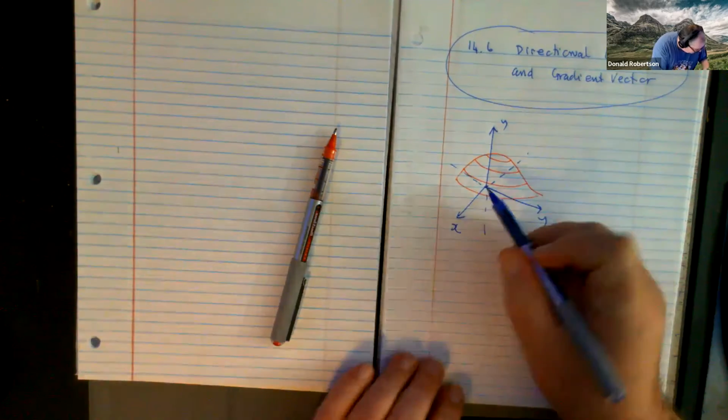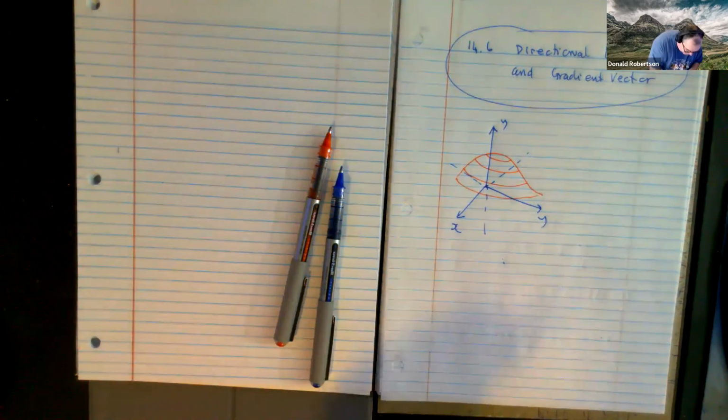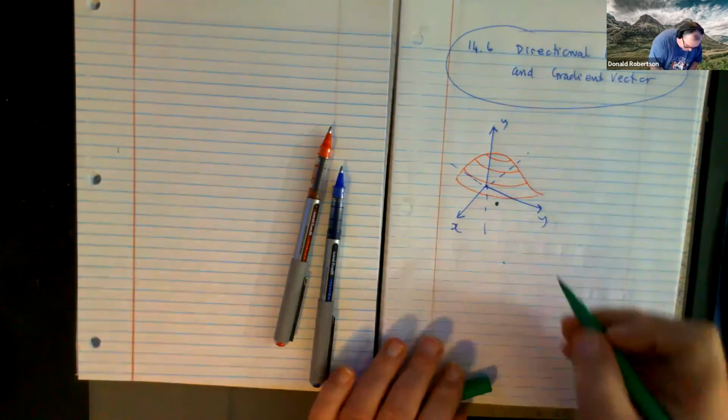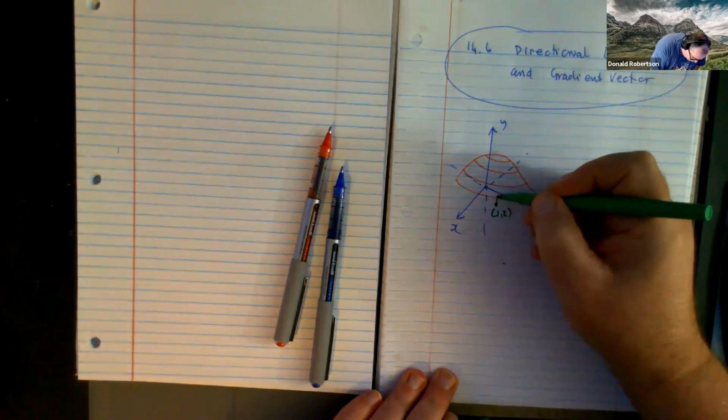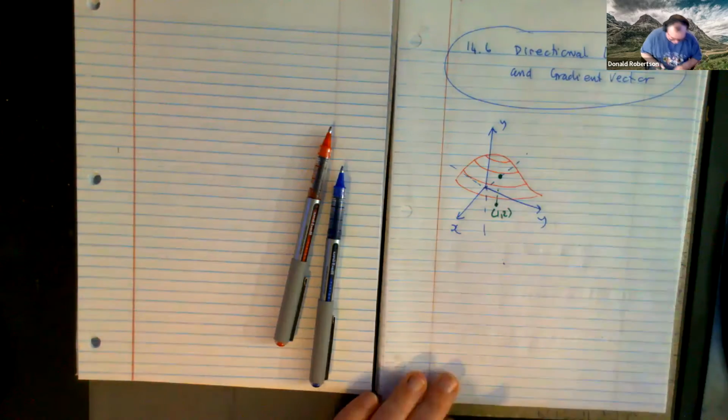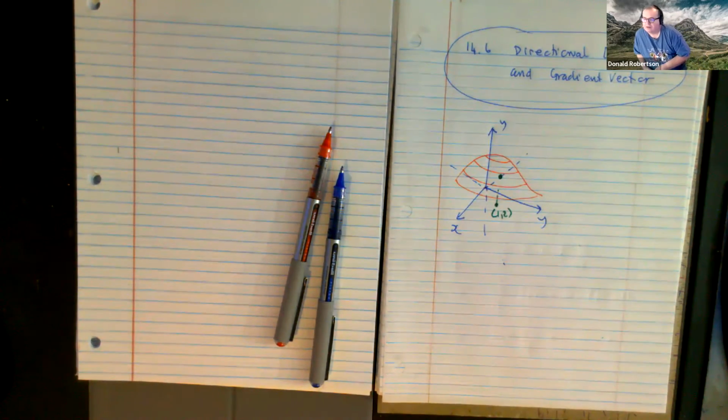Can you imagine a point, let's do it in green, here. Maybe that point is 1,2. If that point goes up, would you agree that it touches the surface eventually? So that green dot would be the point on the hill that's directly below 1,2 on the XY axis. So far, so good. Right.